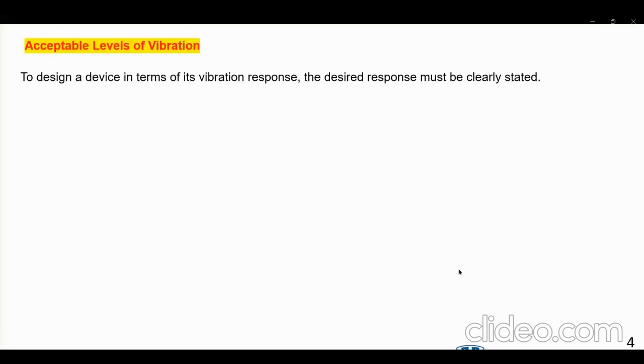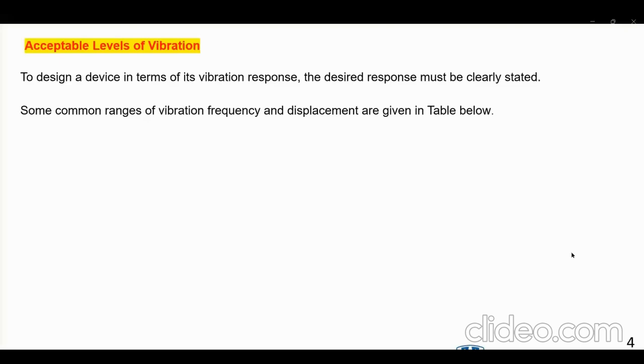This brings us to the concept of acceptable levels of vibration. To design a device in terms of its vibration response, the response must be clearly stated and defined. It cannot be a wishy-washy statement. You have to, in a very precise way, decide what needs to be achieved.